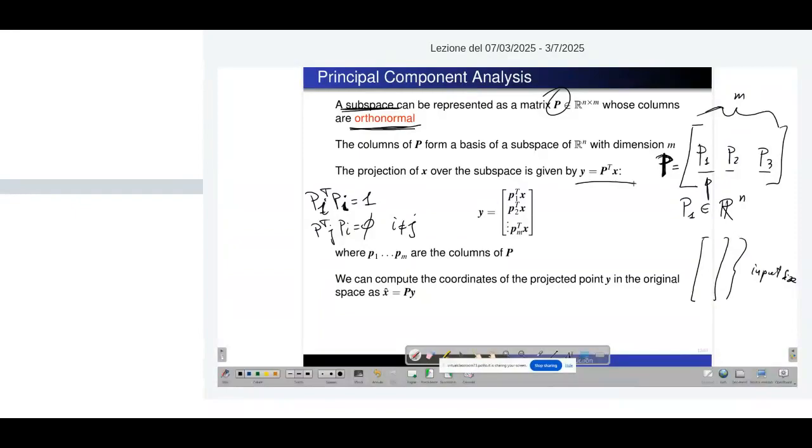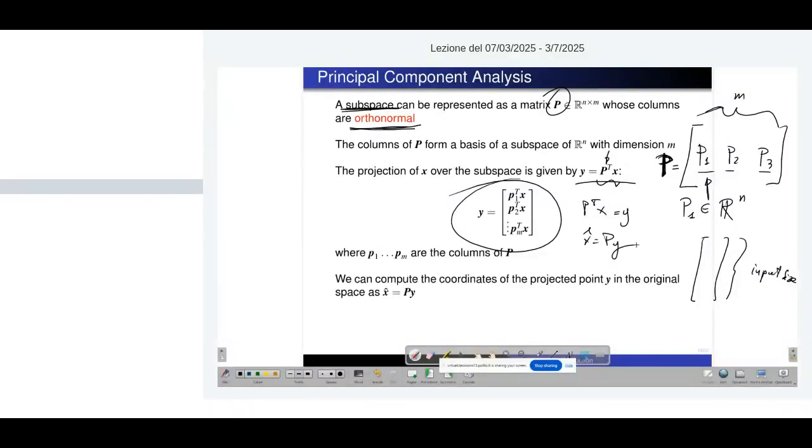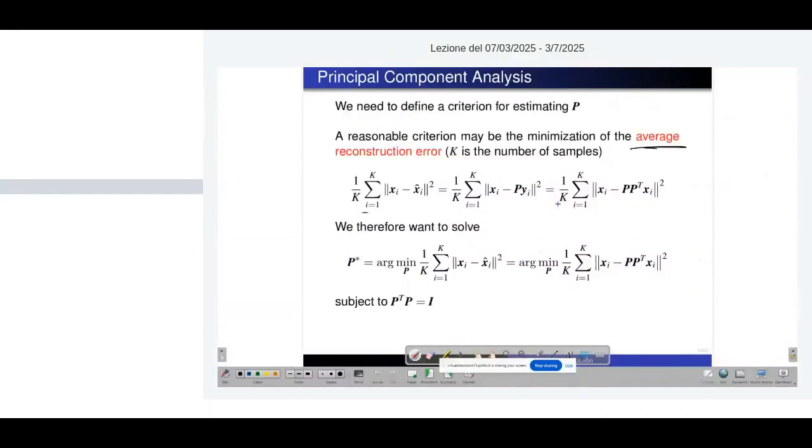We have seen before how we can define the projection of a point X on the subspace defined by P. It's nothing else than P transpose X. So if I have X and I project it in this way, I get the coordinates of the projected point in the new reference frame. And we can compute the reconstruction by simply taking Y and pre-multiplying it by matrix P. This is nothing else than what we said before the break with P replacing matrix U.